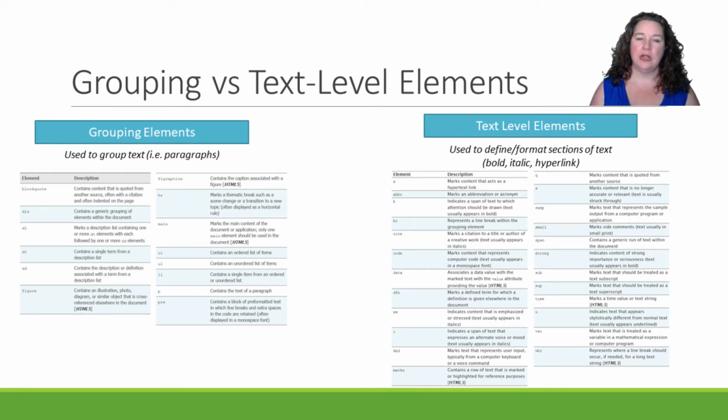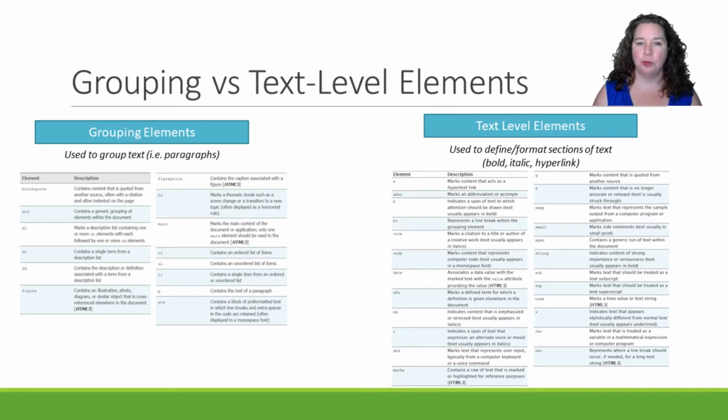So all of these grouping elements, you can think of them as containing something inside of them. Sometimes it's just text, and that's fine. Sometimes it's just a caption, or just a header, or something simple, just a list of items. But you can have groups of details inside of it. Our text level elements are used more to define and format your sections of text.